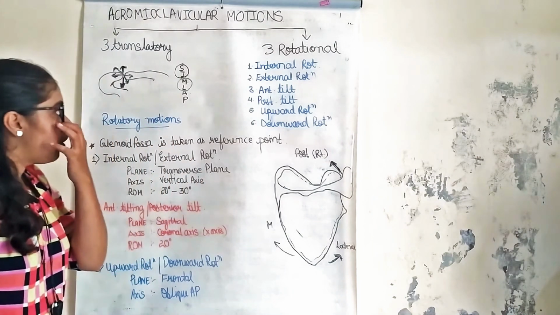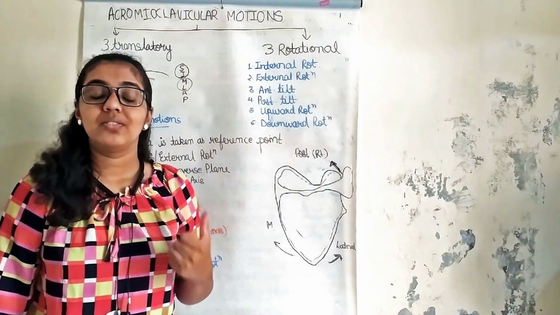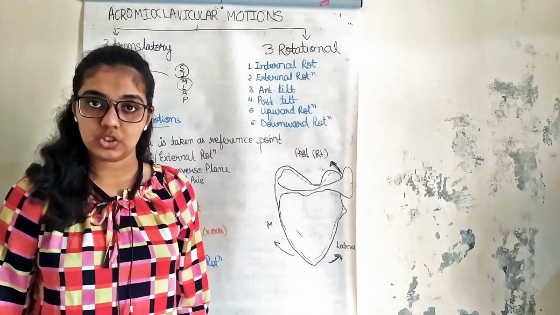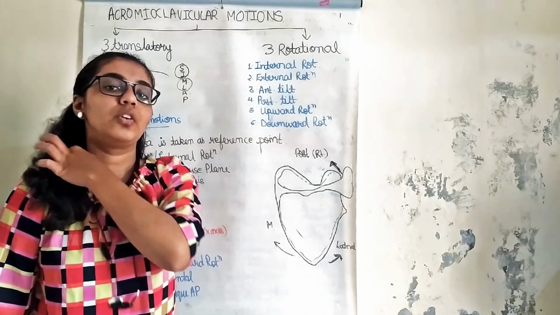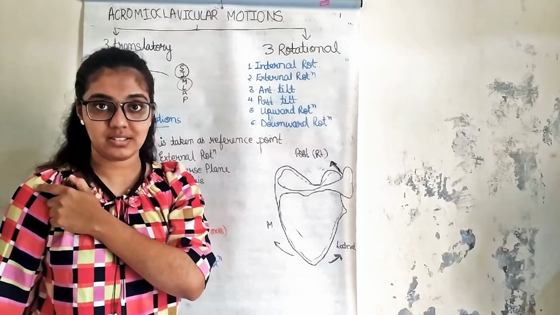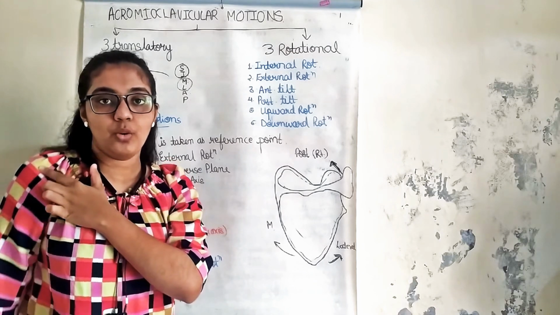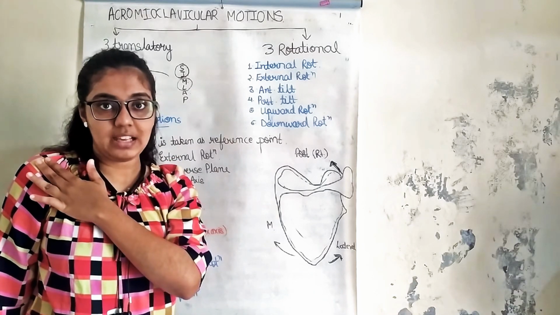First of all, for every movement there is one reference point. As we discussed in the sternoclavicular joint motions, the lateral end of the clavicle is taken as the reference point. If the lateral end of the clavicle moves upwards, it is known as elevation.